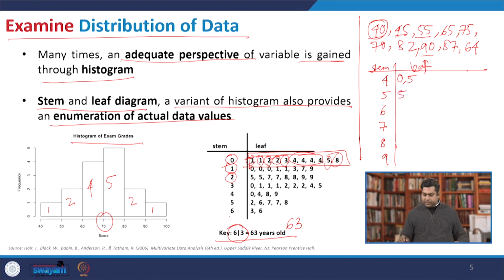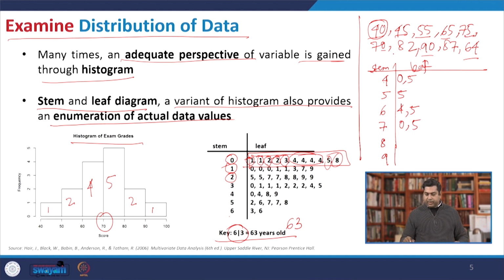Then in the 60s we have two values, 64 and 65. It may be in order, it may not be in order, it does not matter. So, you can write it like 4 and 5. Then in the 70s we have 0 and then we have 5. So, I hope you understand how to make it.